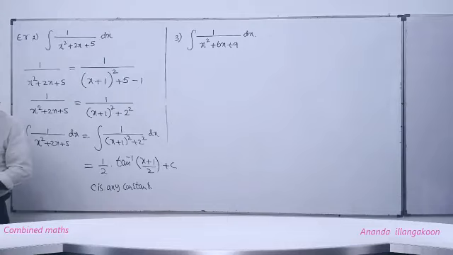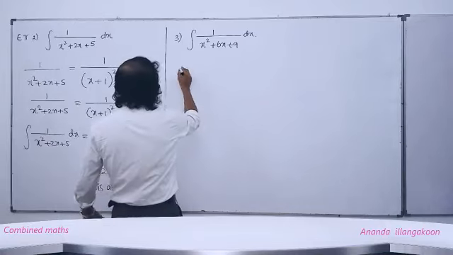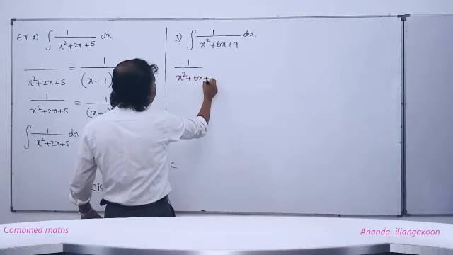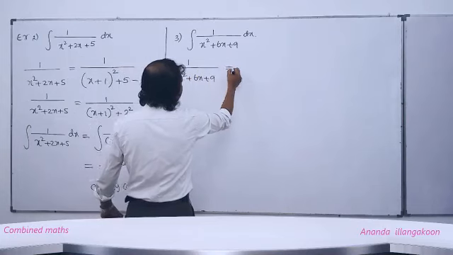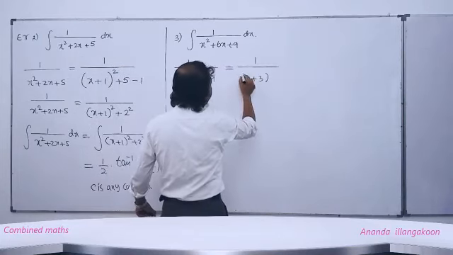Yes, people? Here you can very clearly notice this denominator is a perfect square of x plus 3, no? Then we can write 1 upon x squared plus 6x plus 9 as the perfect square of x plus 3 like this.